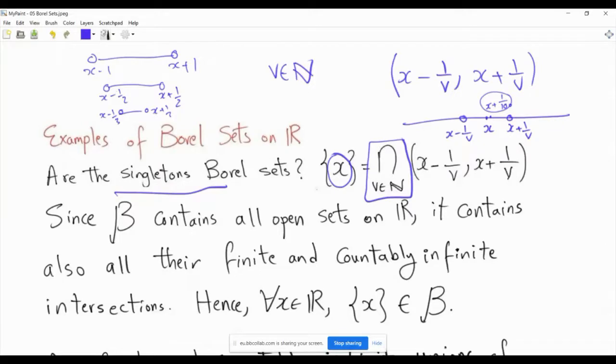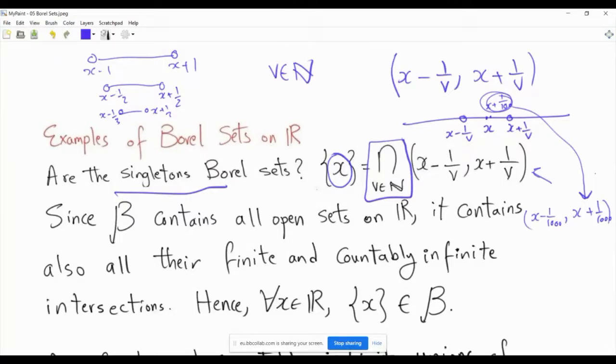No. Why not? Because you are intersecting those intervals. If you make v greater, there is an interval from x minus 1/1000 to x plus 1/1000, and this point is outside of that interval.